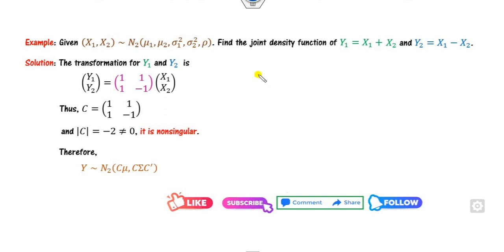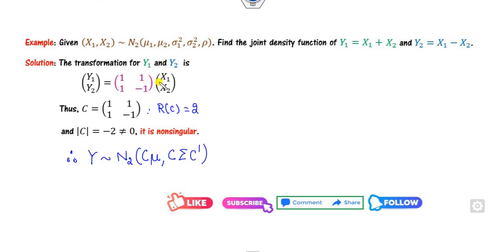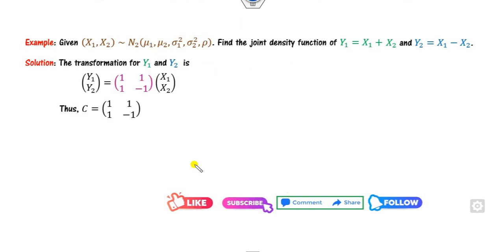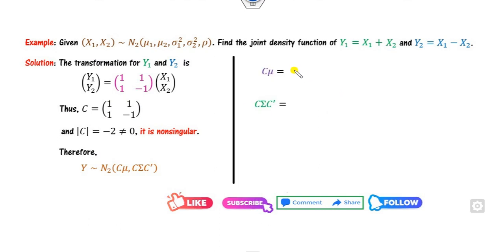Now again your target is to find these two numbers. So what is the C? 1 1 1 minus 1. What is the sigma? As I told you, this is my sigma, so I can substitute here. Fine. So now mu is my mu1 and mu2.